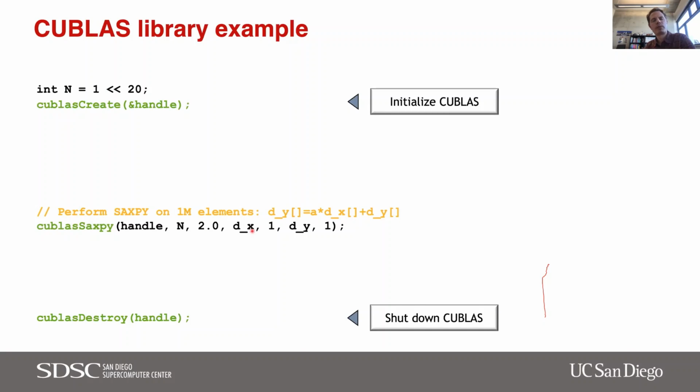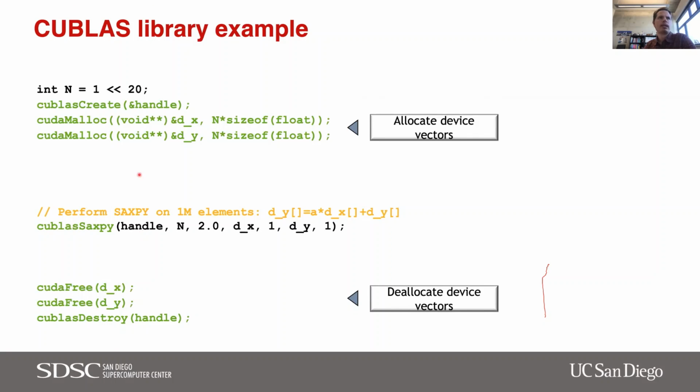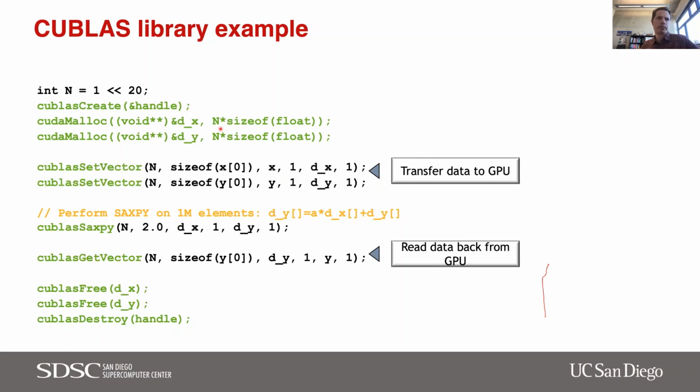You have to do some setup for the cuBLAS library, and with that handle here you can pass it through the cuBLAS SAXPY function. Then, as I said, you have to allocate the memory on the GPU for those arrays here, dx and dy. This is just assuming we're doing single precision, so we have n data elements, and we allocate the corresponding amount of memory for the arrays dx and dy. And then we can use the cuBLAS set vector functions that come with the cuBLAS library.